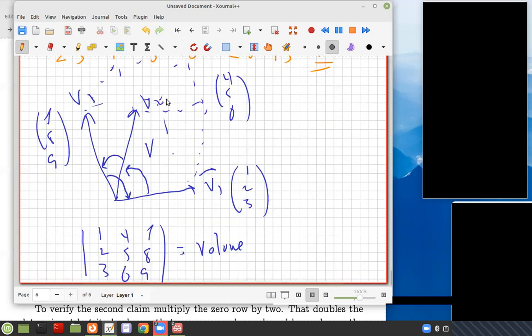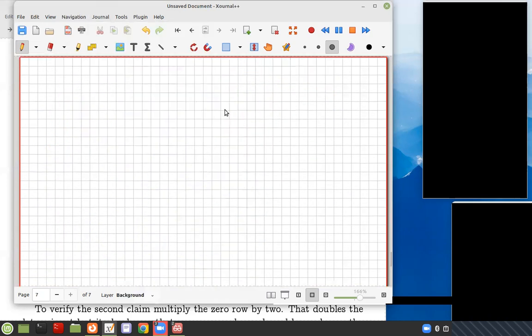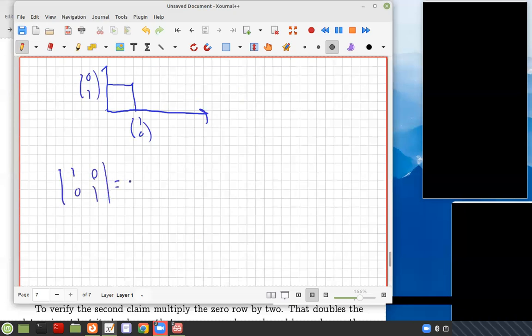Now, what's interesting in this regard is the geometric form of row operations. If I start with a box where the matrix is 1, 0, 0, 1, we think of this as a unit matrix, right?